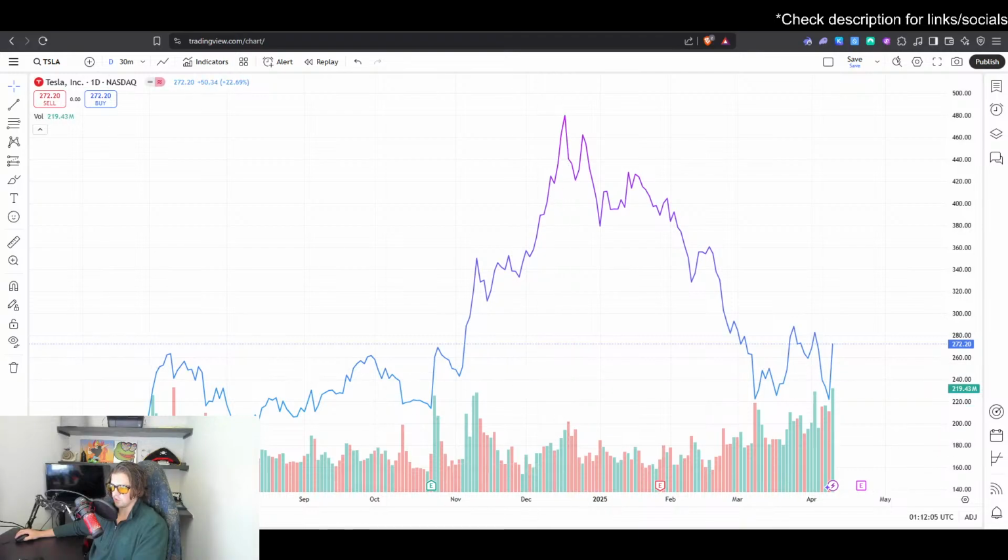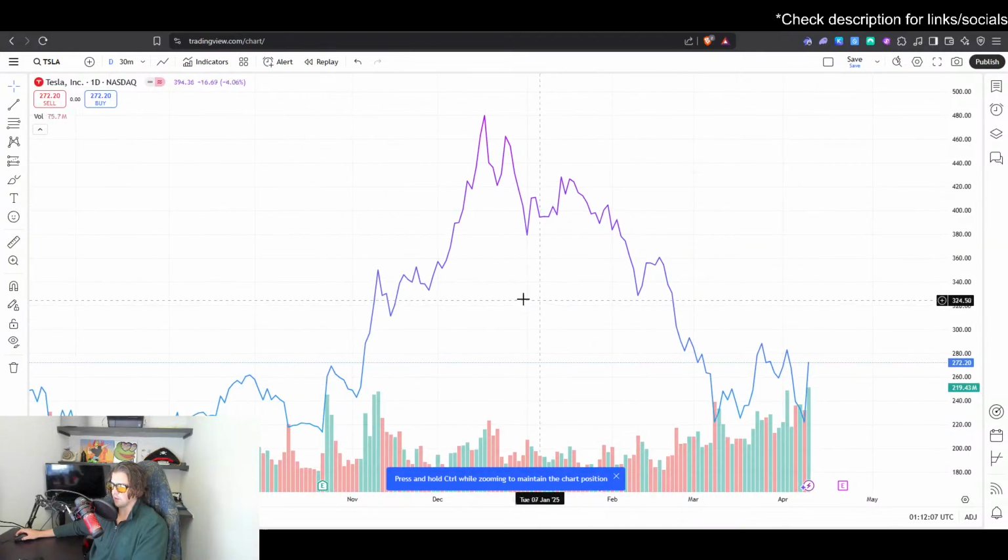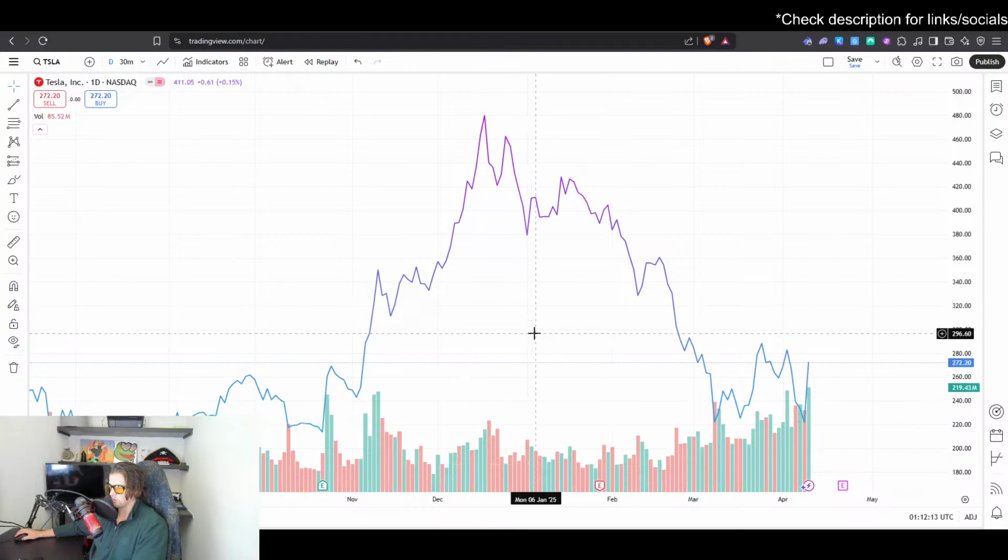You'll see the time frames down here, and as I move my crosshair over one tick at the bottom right, you'll see it goes from January 7th, January 8th, January 9th, January 10th. So each little move over is a day.